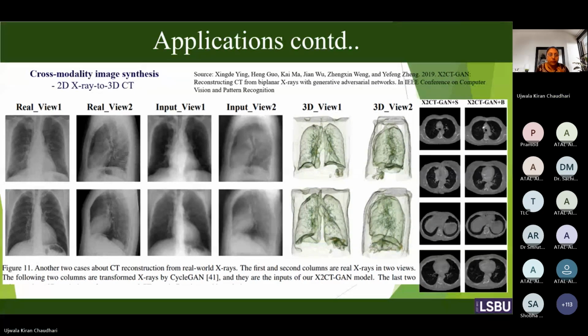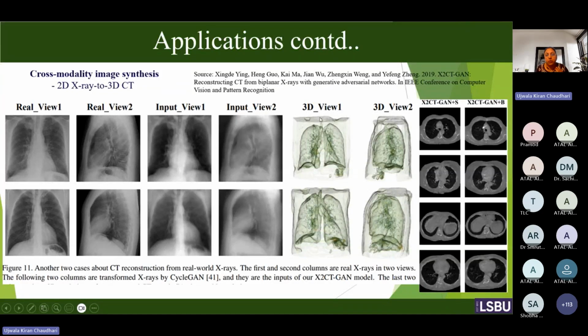Another cross-modality image synthesis is from 2D X-rays generating the 3D CT scan. The real view is just the original images given from the X-ray, and then the input views are the images generated by the GAN model.